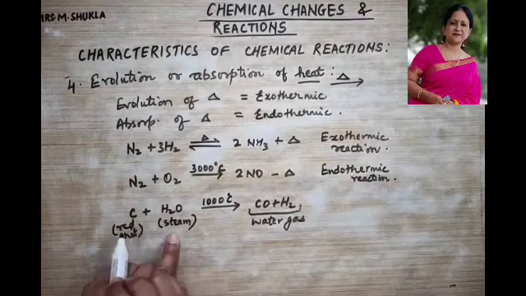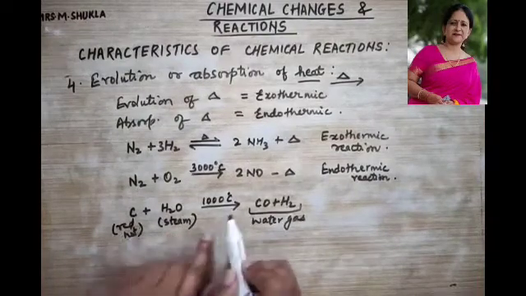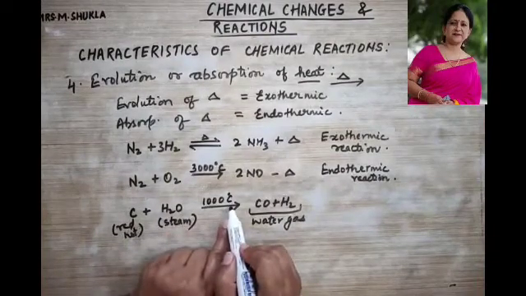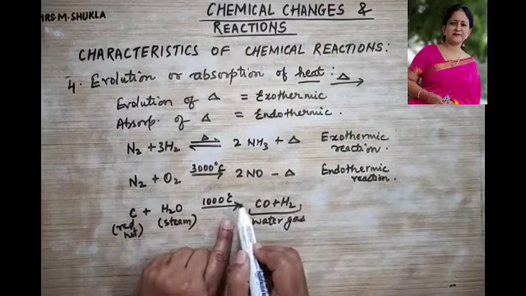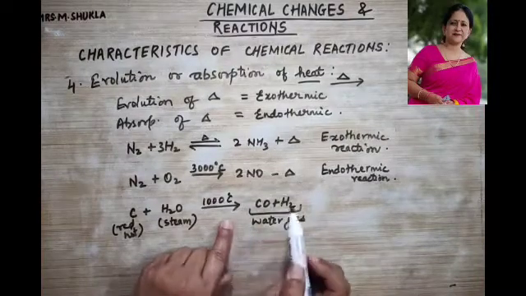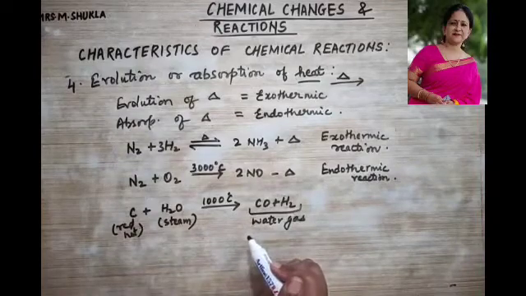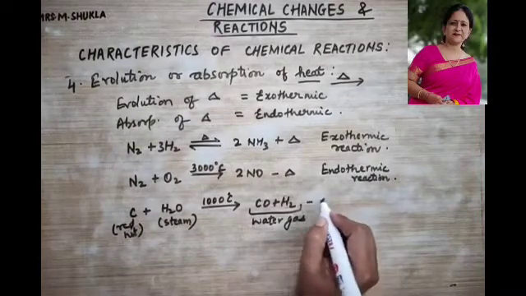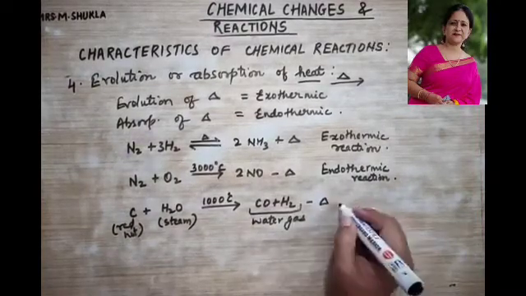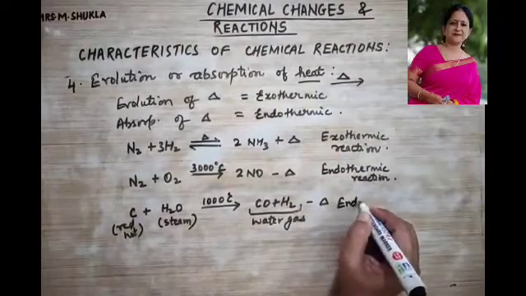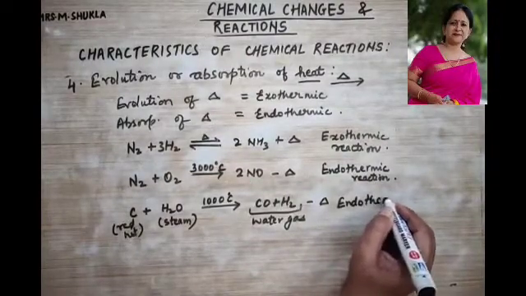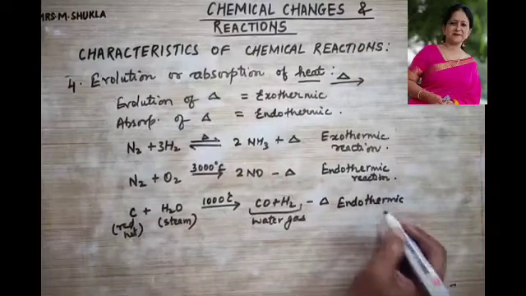Apart from this, we need 1000 degrees Celsius to initiate the reaction. Only then is my water gas formed. So this could be represented like this. What kind of reaction is this then? Endothermic reaction.